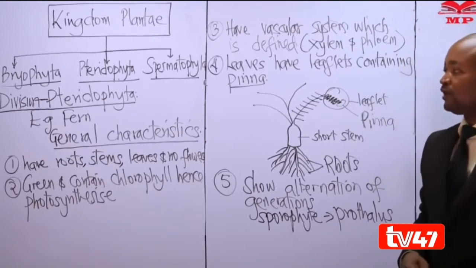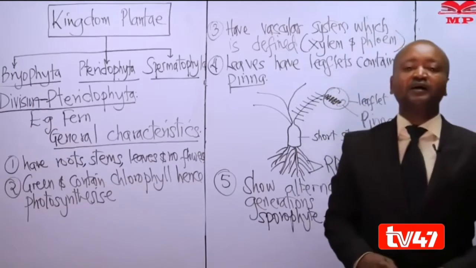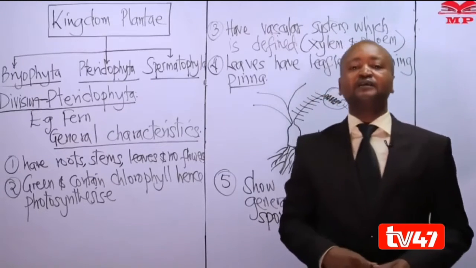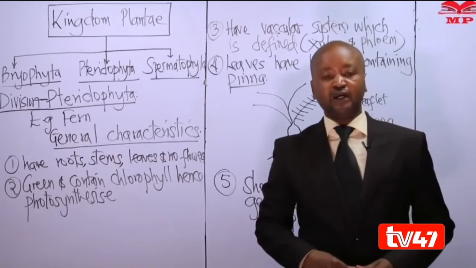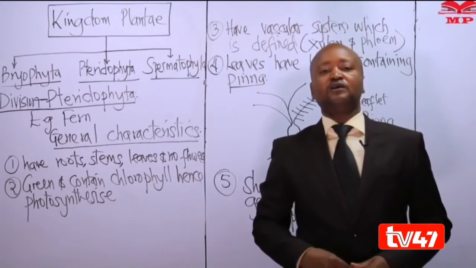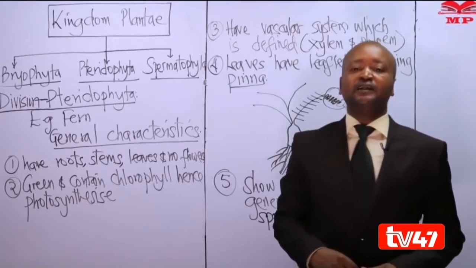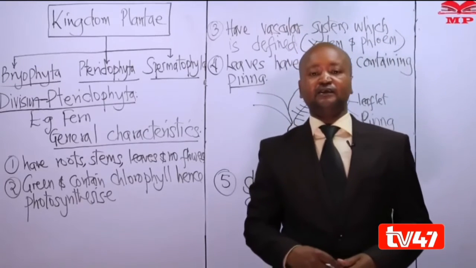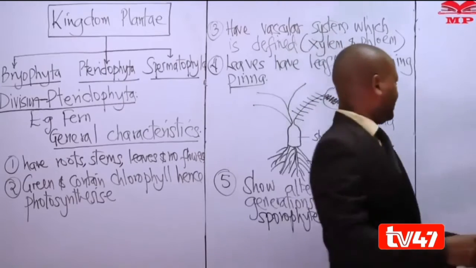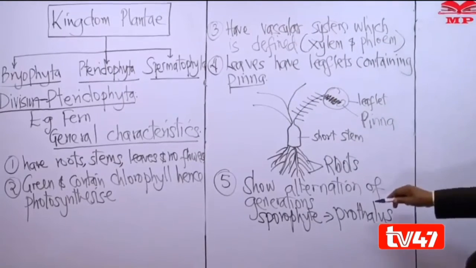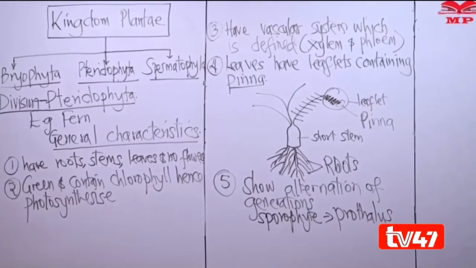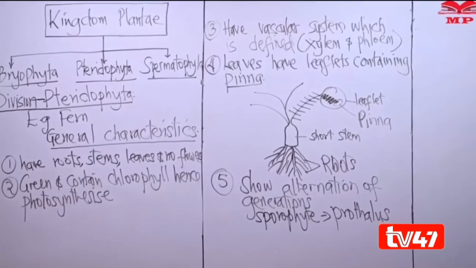And just like the bryophyta, remember, in bryophyta we had the female part and the male part. The female part is known as the archegonia, and the male part is known as the antheridia. So it shows alternation of generations, and we are saying it has a heart-shaped prothallus.